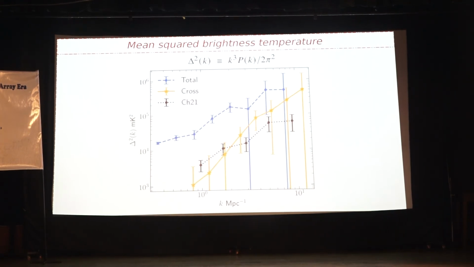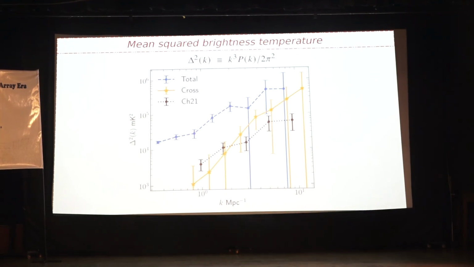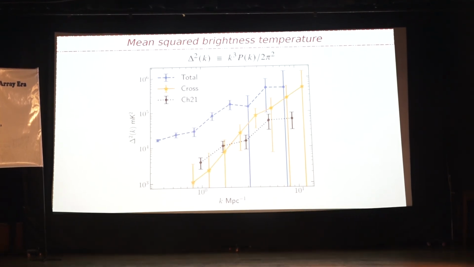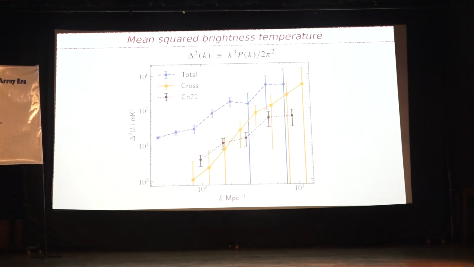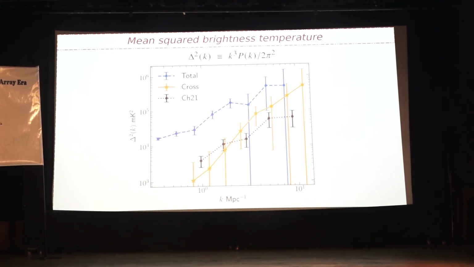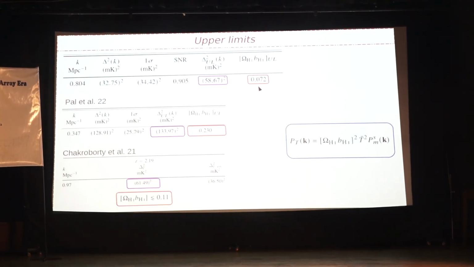For your cross correlation analysis, at the end you showed that your strength amplitude is around 10 to the minus 2 millikelvin square. So the omega H value is around 10 to the minus 2, right? Or is it an upper limit? Upper limit.